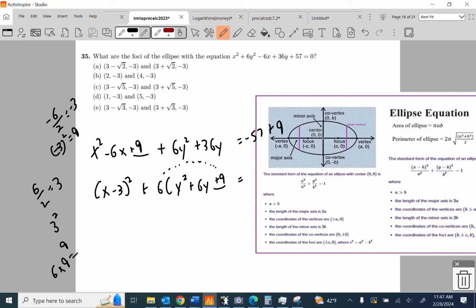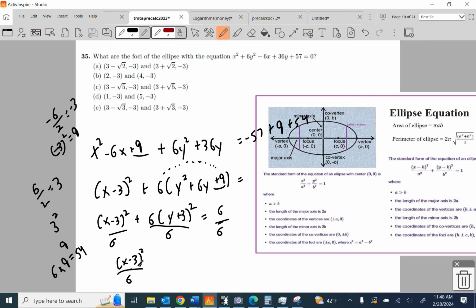And 6 times 9 is 54, last I checked. Now, y squared plus 6y plus 9 factors as y plus 3 squared. And if I add everything together on the right, I think I get 6. And I should, because I'm going to divide both sides by 6, and I'll get the one that is being talked about.